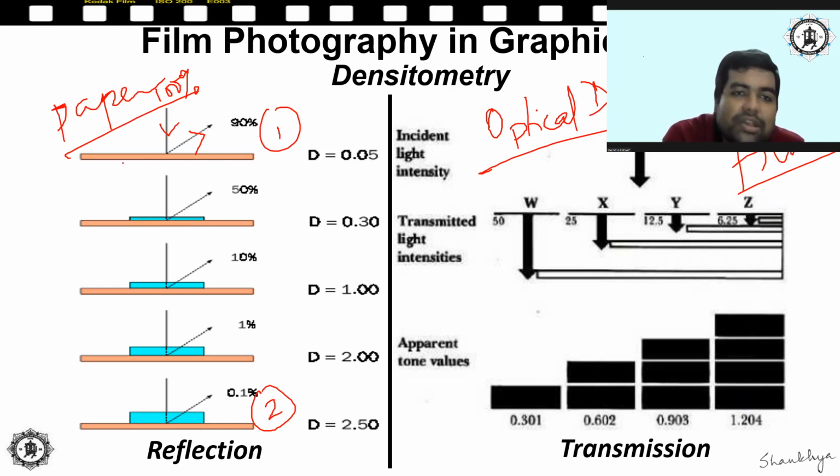So naturally, if you're talking about white paper and 100% of light is incident on it, it is going to reflect back 90% of the light, let us assume. Why 90% of the light? 90% is quite a high amount of light that is getting reflected back, because there is only limited absorption or scattering of light in the paper, because there is no ink film which will absorb the light, right? So we are getting back 90% of the light.